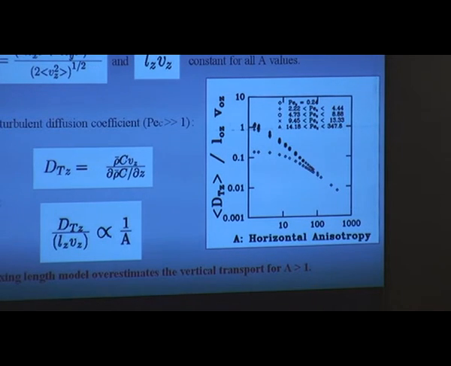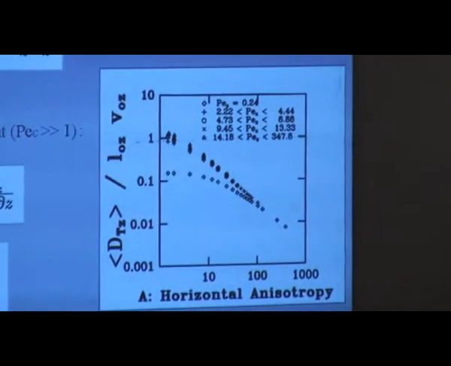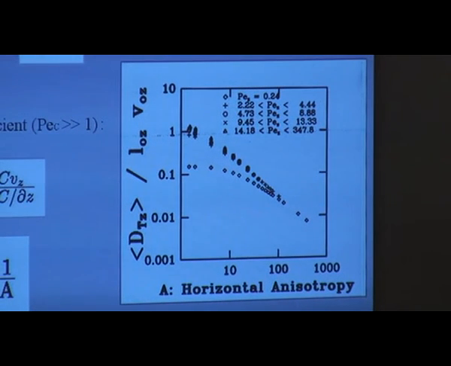So normally we thought that the turbulence driven by meridional circulation would be in charge of the vertical diffusion, and it's not necessarily true.